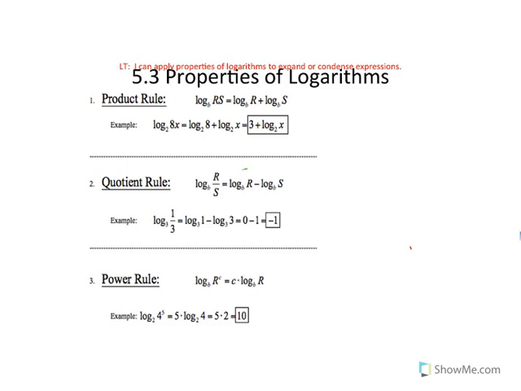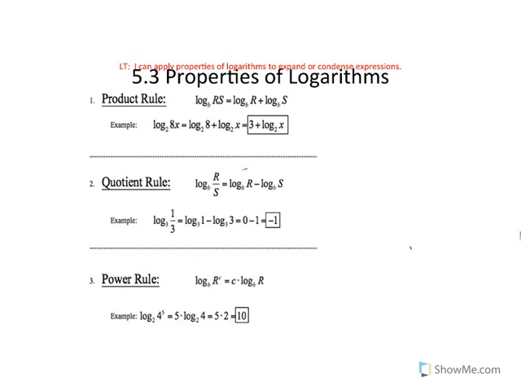Now if your direction said expand this, the power rule simply says if I'm taking the log of a term raised to a power, then I can take the power and pull it in front of the logarithm as a constant. So I could rewrite log base b of r to the c power as c times log base b of r. That would be how I could rewrite it, expanding it.